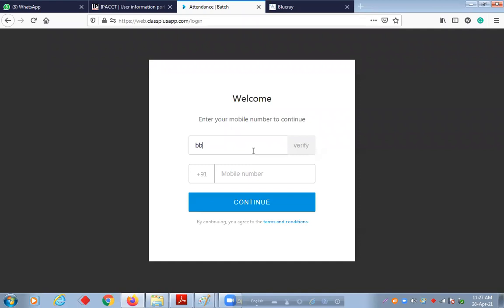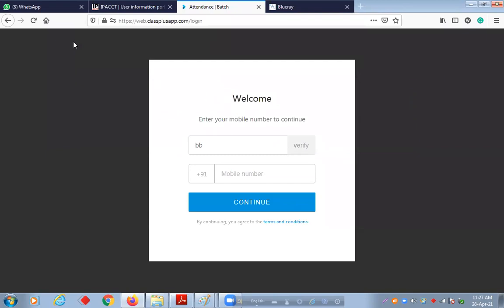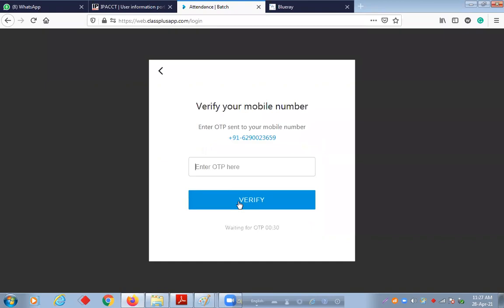So you will put, the website is www.classplusapp.com. Yes, this one. So BBUWT. Then you will verify. Then you will put your mobile number. Then you will continue. You will get an OTP on mobile number. Then you will verify that and you will join. Okay.